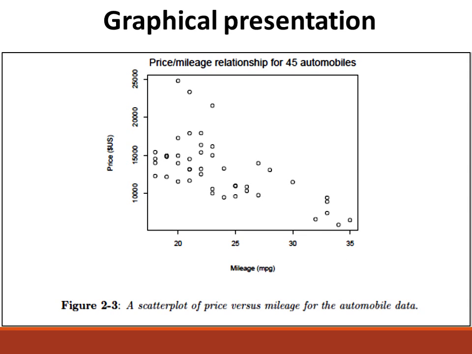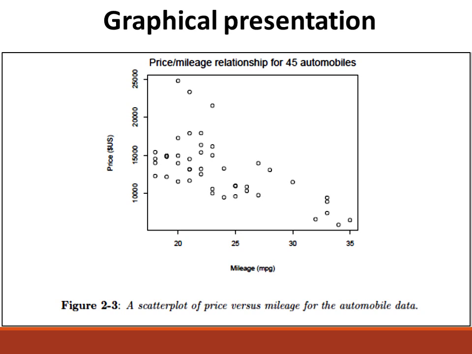As we notice here, every point in this graph represents a type of vehicle or a type of car. There are two variables. The first one is mileage, which is the explanatory variable, which explains the change in the other variable, which is price. It is on the x-axis, but price is on the y-axis, and it changes according to mileage.